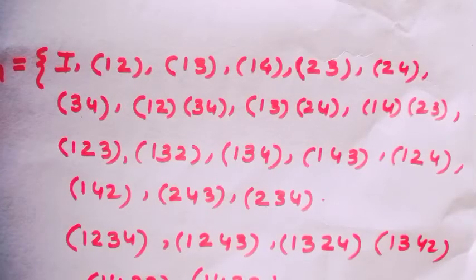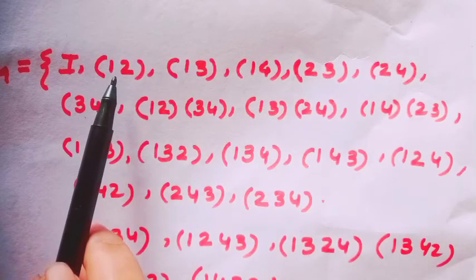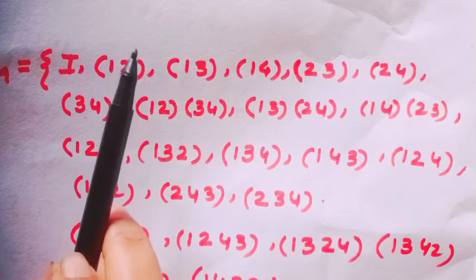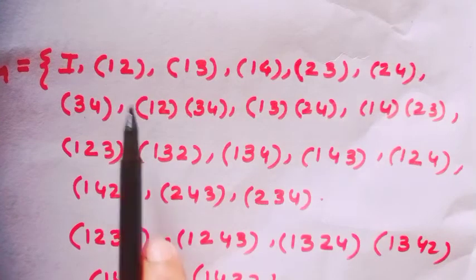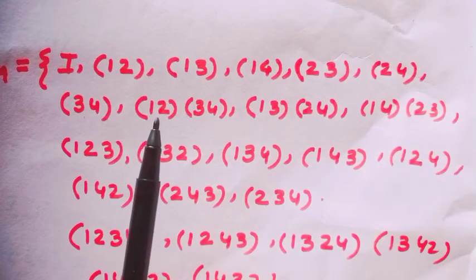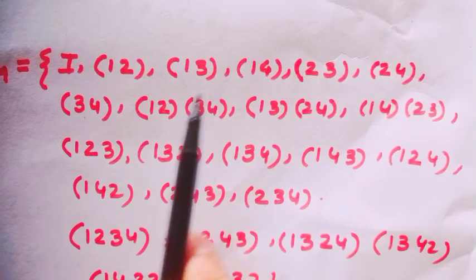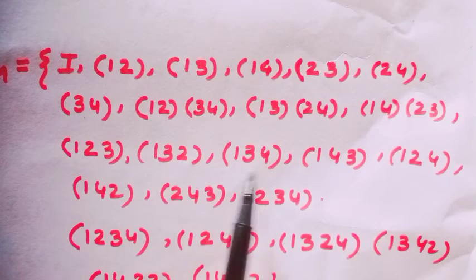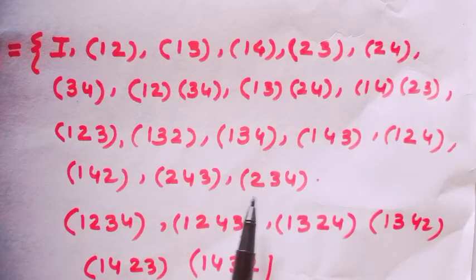So the cycle type 1 plus 1 plus 1 plus 1 means identity. The other, 2 plus 1 plus 1, means one transposition. These are all one transposition. And the other, 2 plus 2, is two transpositions. And the other cycle type is 3 plus 1, these all are.